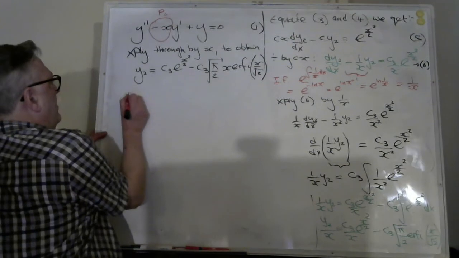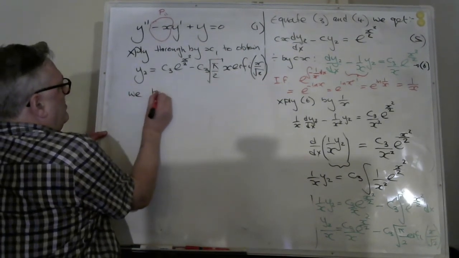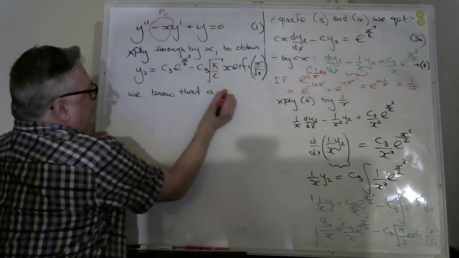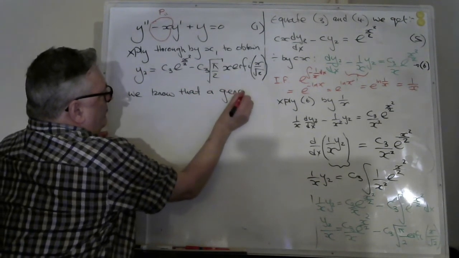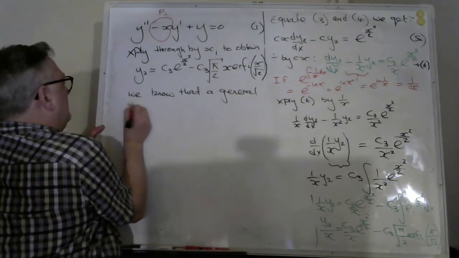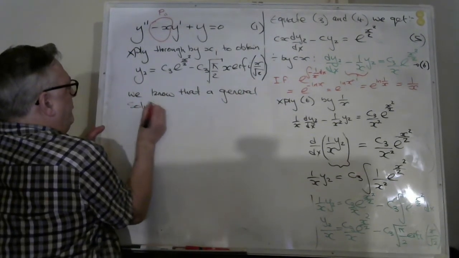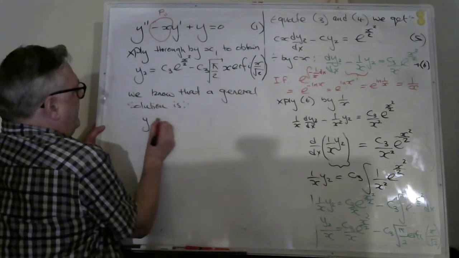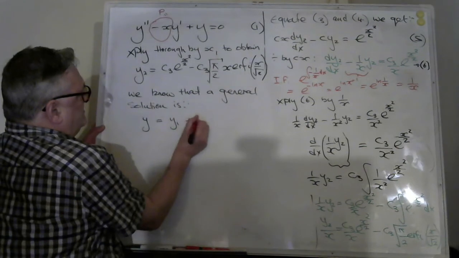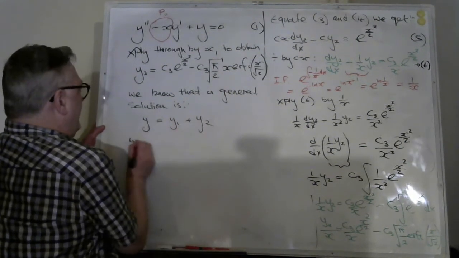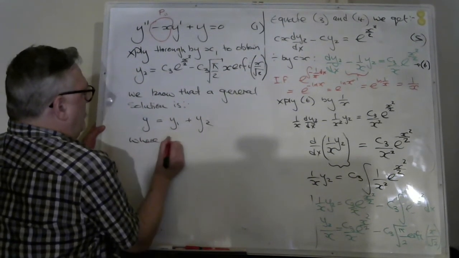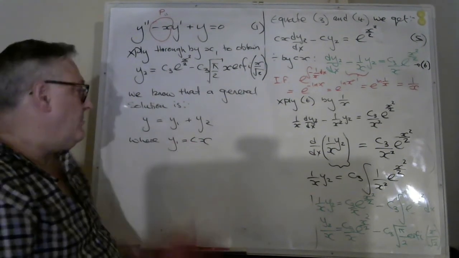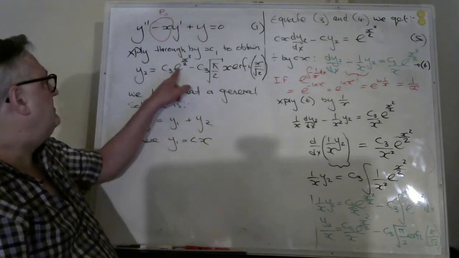Now, we know that a general solution is y equals y1 plus y2, where y1 equals cx. So what do we do? Well, we just add that to that.